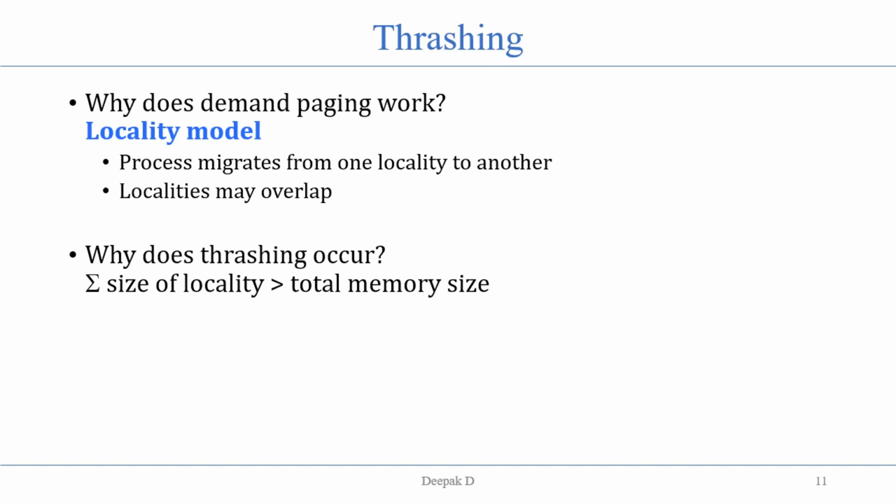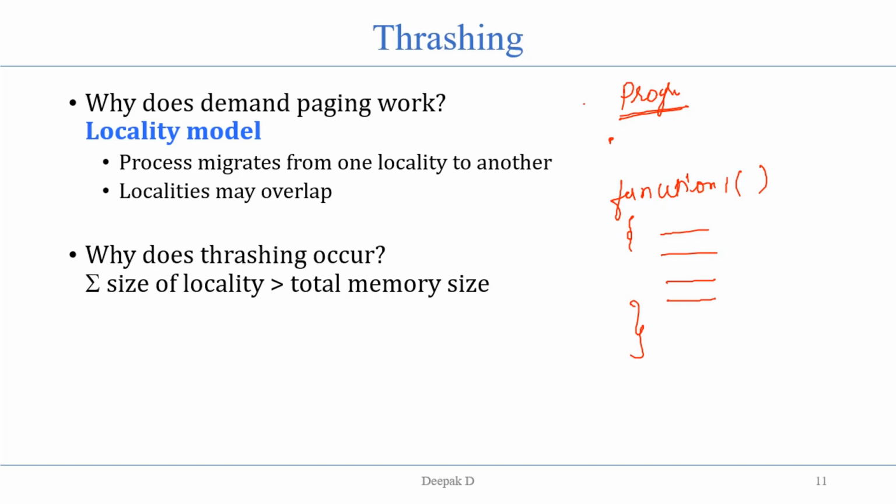Assume that your process or a program consists of a set of instructions and also multiple functions. Assume that this is your function 1, and this function may consist of several instructions.